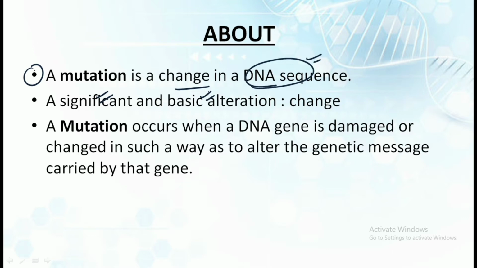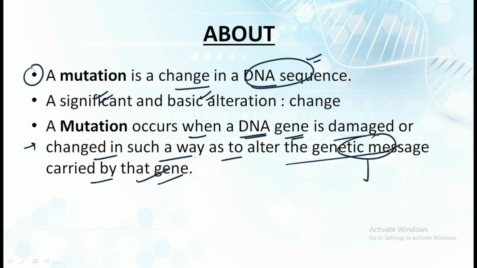A mutation occurs when a DNA gene is damaged or changed in such a way as to alter the genetic message carried by that gene. That is, as a result of mutation, there occurs an alteration in the message carried by that particular gene.